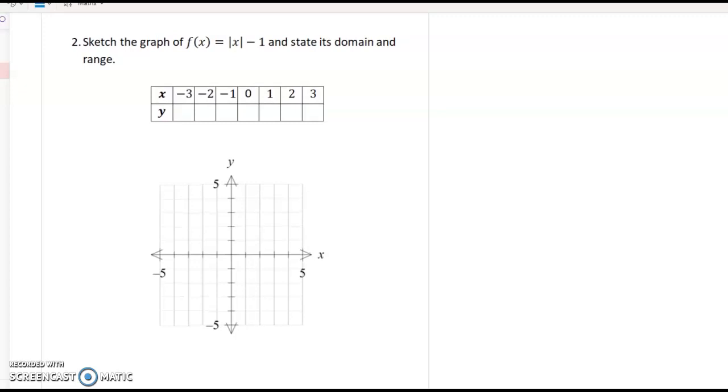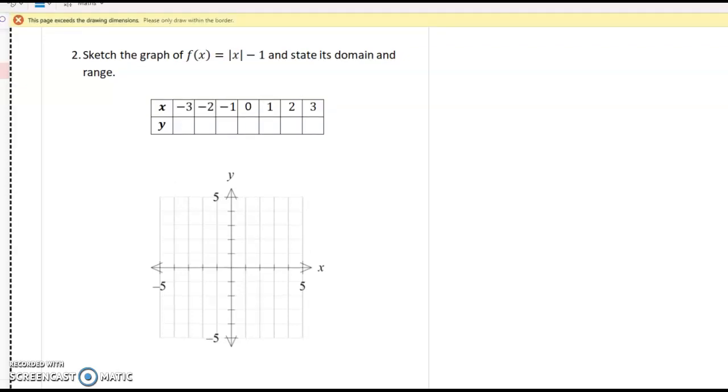Okay, sketch the graph of f(x) equals absolute value of x, minus 1. So what difference is that going to make? Let's have a look. Okay, so if we think about the last function, if we just subtract 1 off each of those values from the table, then it's going to give our correct values for y.